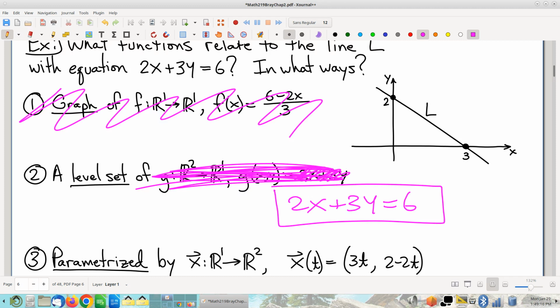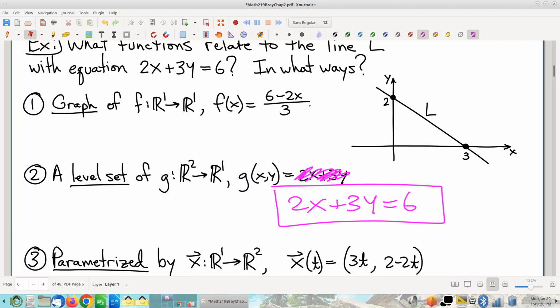Now, yeah, this equation represents a level set of the function we're interested in, but I didn't ask for a level set of the function. I gave you a level set of the function, right? I asked for a function.